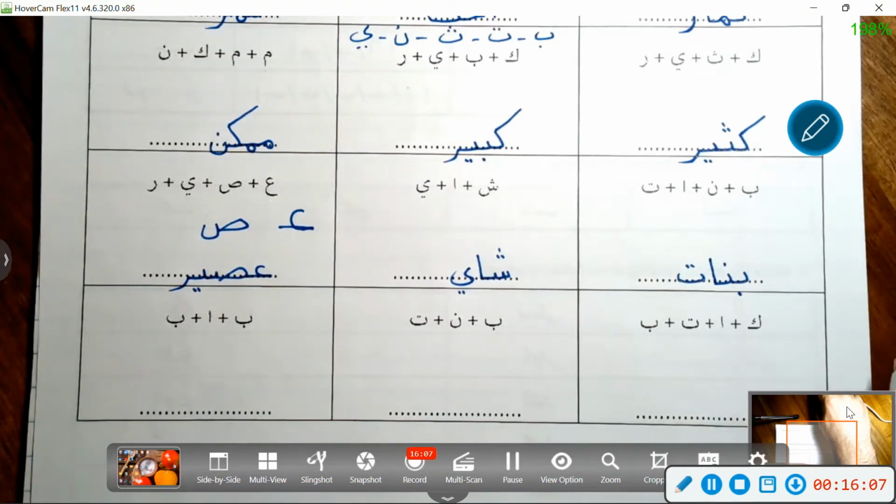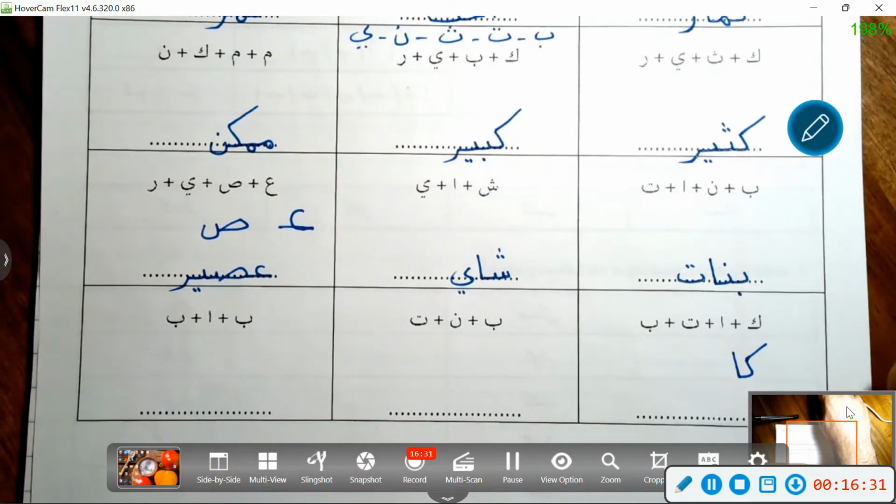Now, kitab, kaf, alif mad, ta, ba. I'm going to write it a little bit above so it does show on the screen. Kaf changes the shape, followed by alif connected to the kaf. Oh, afwan, that's not kitab.